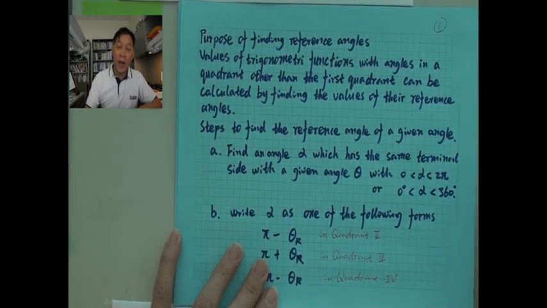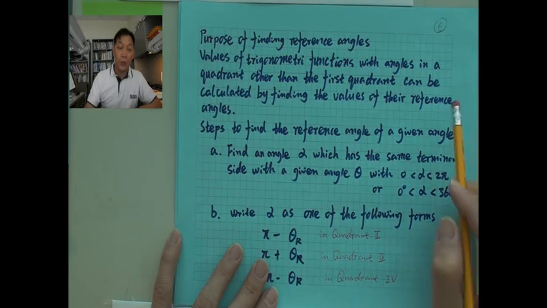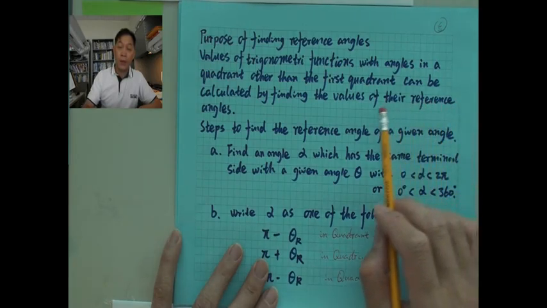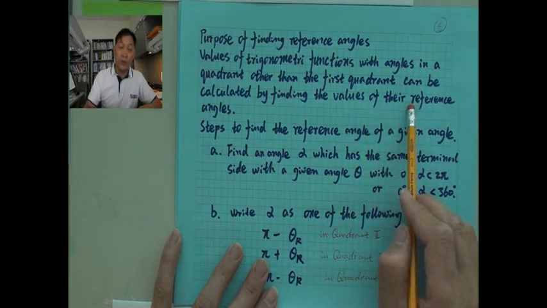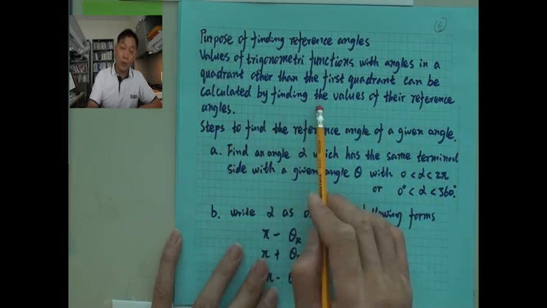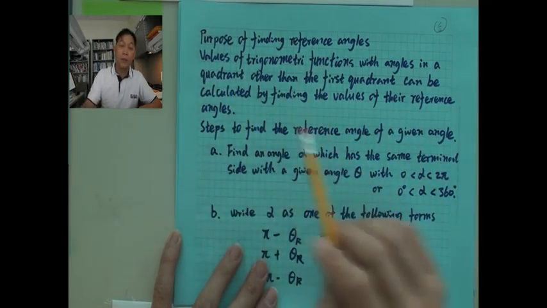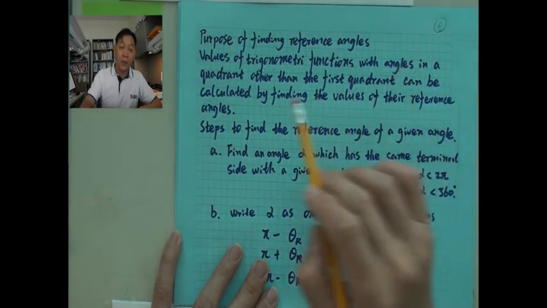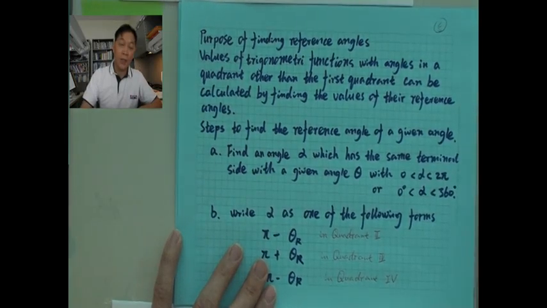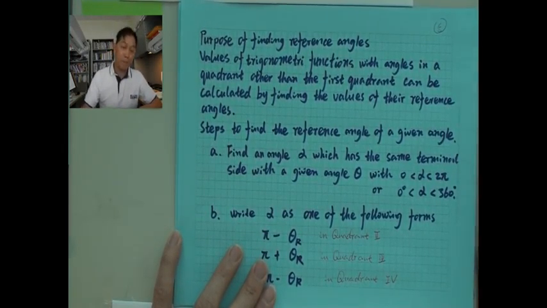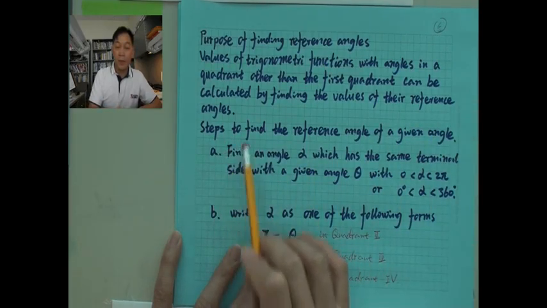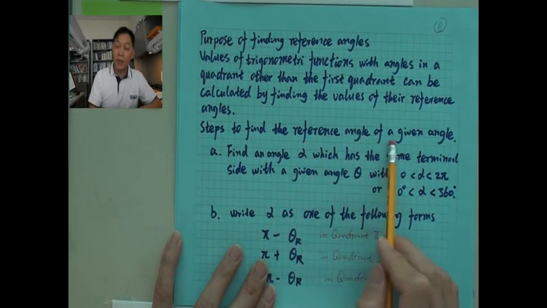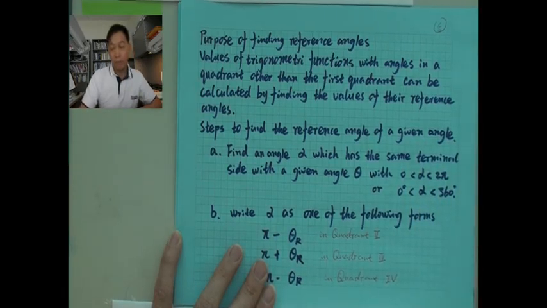Then you assign the proper sign to the values for the reference angle, the acute angle. You will get the values for the trigonometric functions with angles not in the first quadrant. That's the main purpose. There are 2 steps to find the reference angle of a given angle.